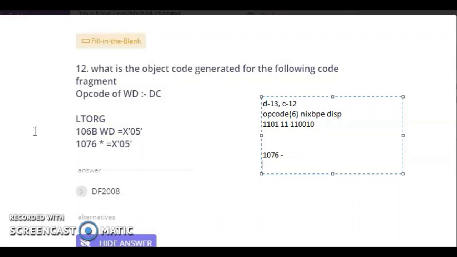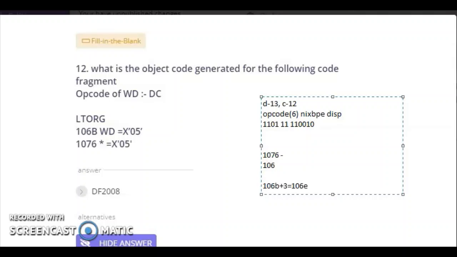While executing the instruction at 106B, the PC is updated with the address of the next instruction. The WD instruction is a 3-byte instruction, so 106B plus 3 is 106E. That is the current PC value.